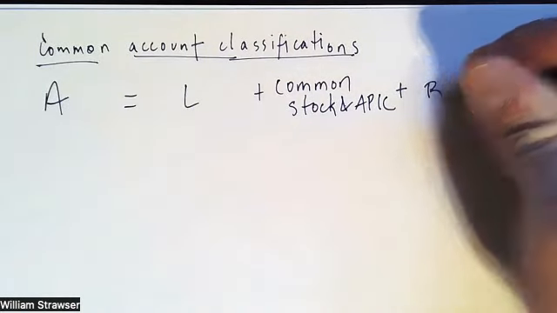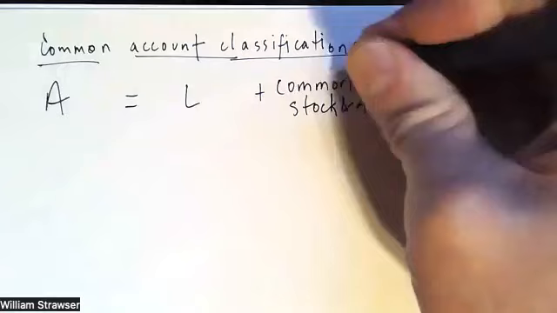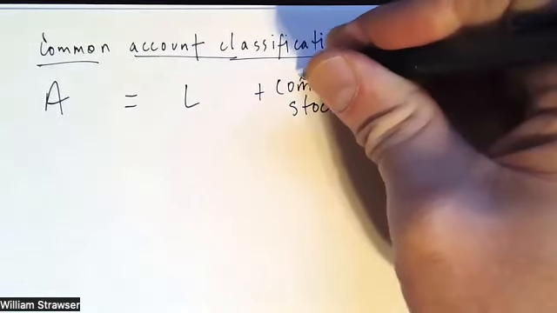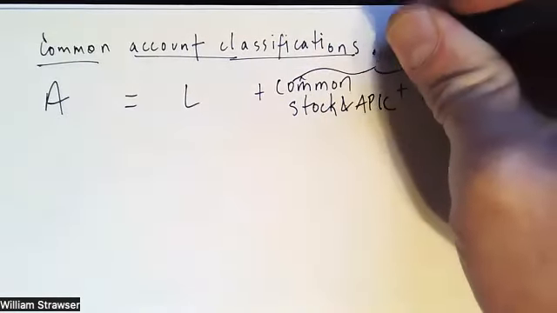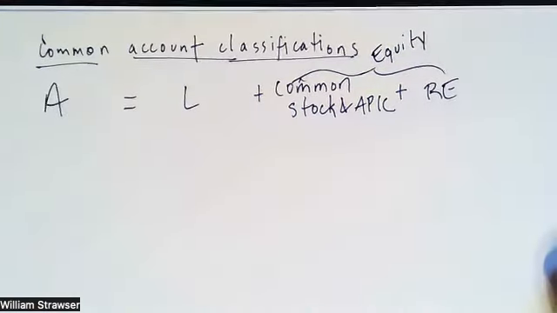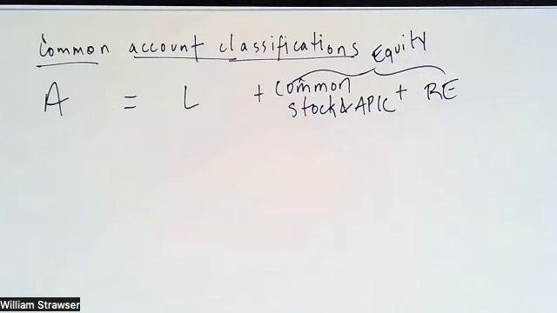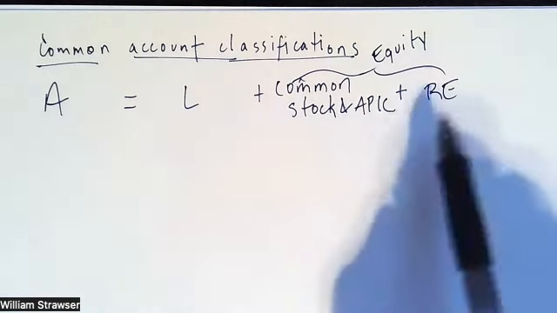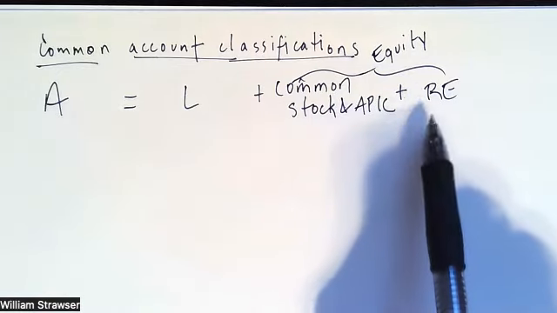And then retained earnings. So remember, these are my two pieces of equity. These represent the ownership in the firm, and in a really rough way, speaking fast and loose, not at all technically or legally correct, this is really the ownership of the company.